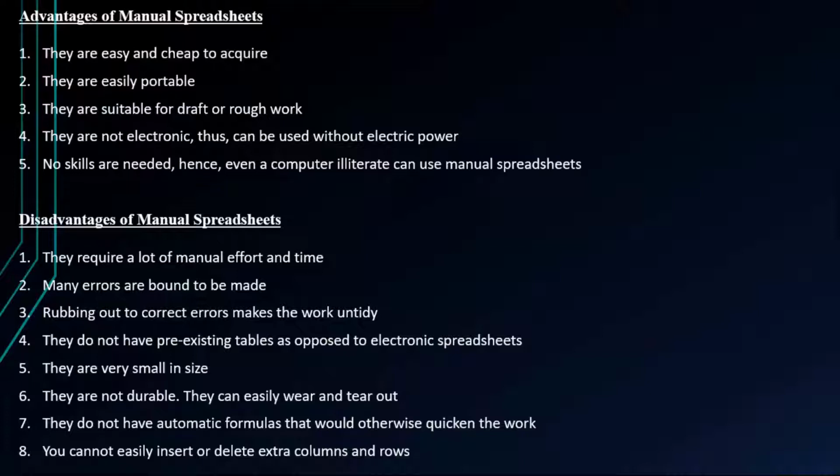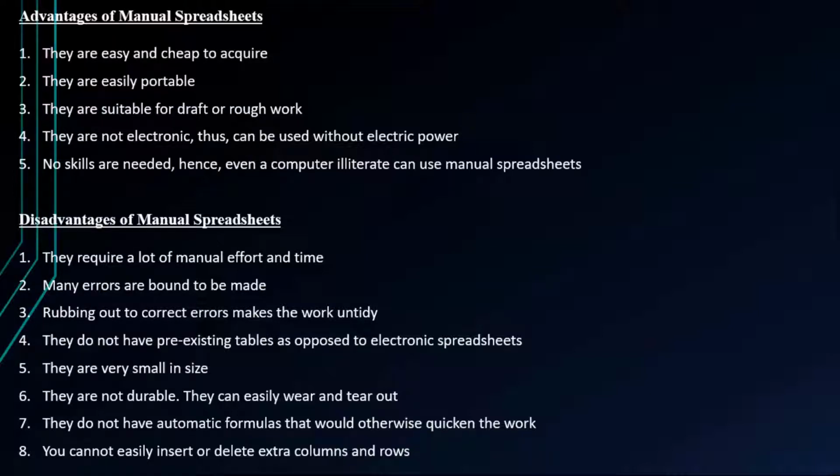So when we are using this manual spreadsheet, if you are one of those whose record is going to be manipulated within it, you'll find that instead of getting your increased salary recorded in this book, they might give you your old salary. So it is not easy to keep these things up to date. You'll find people making errors. That is why sometimes they rub it off. Sometimes they use whitewash to remove what is already an error.